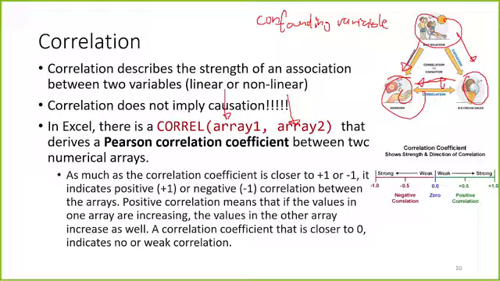Okay, so this correlation coefficient ranges from -1 to +1. If it's close to +1, it means it is highly positively correlated. The same, if it's close to -1, it's highly negatively correlated. If it's close to 0, it means there is no correlation or very weak correlation.